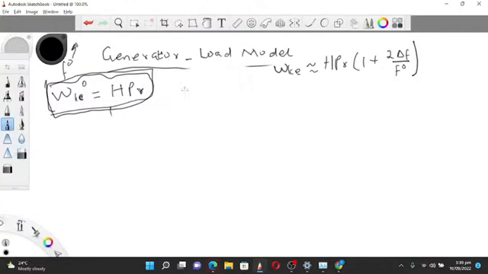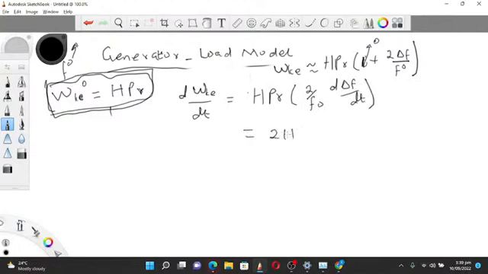So from here we take the rate of change of kinetic energy with respect to time. This gives us HPR, and the 1 goes to 0 when you differentiate the first time. Then you have 2 over F naught times d change in F dt.